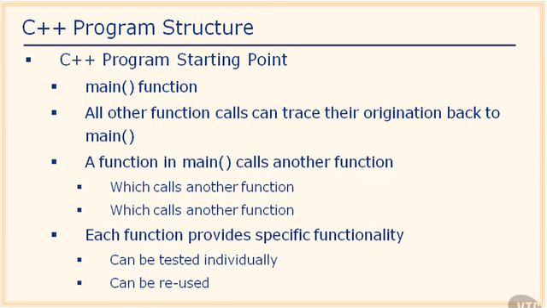So if I write a function that connects to a database and makes that database available to me for reading or writing, I can put that into a function, and then I can reuse it from 50 different places in my program. I just keep calling that same function, and I might even want to pass something unique to it. We'll talk about all that later on in the course and do some examples. Okay, but that's the basics that you need to understand about a C++ program structure. Everything starts in that main function.